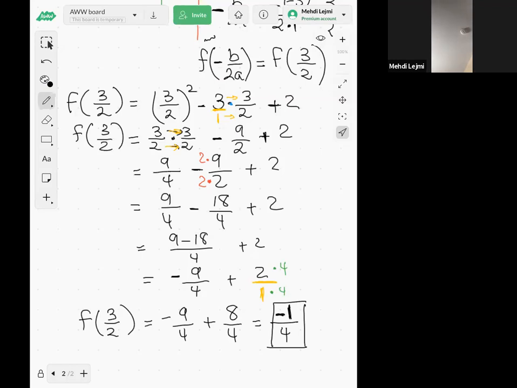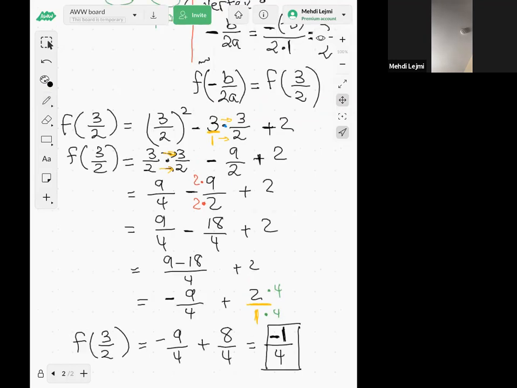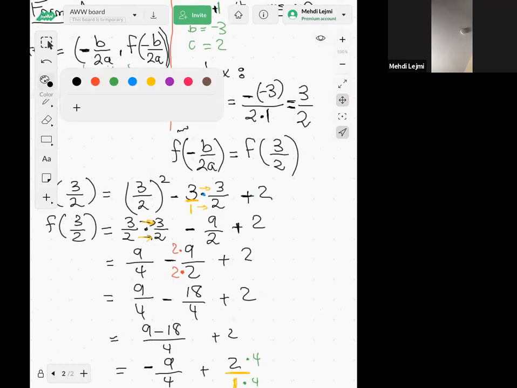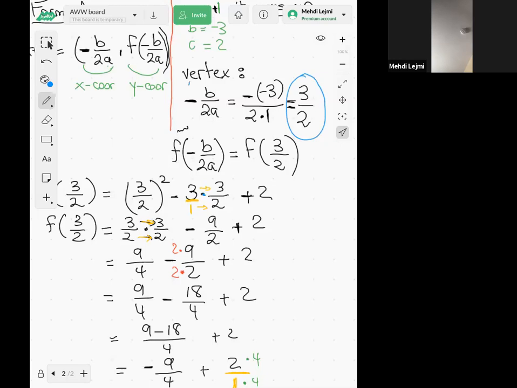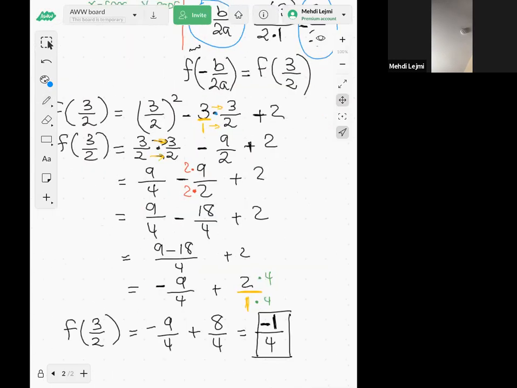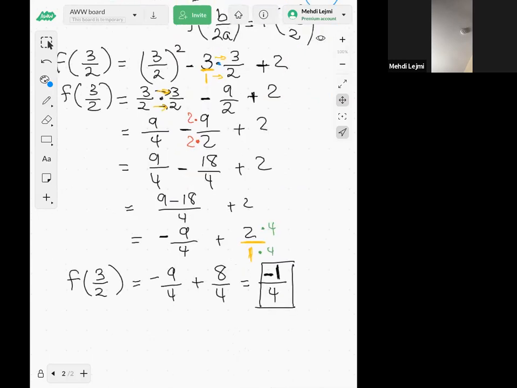So what I'm saying, guys, is that my vertex, the x coordinate of the vertex, is this 3 over 2, the minus b over 2a. And the y coordinate would be this negative 1 over 4. So that's the answer for the vertex, in point notation.